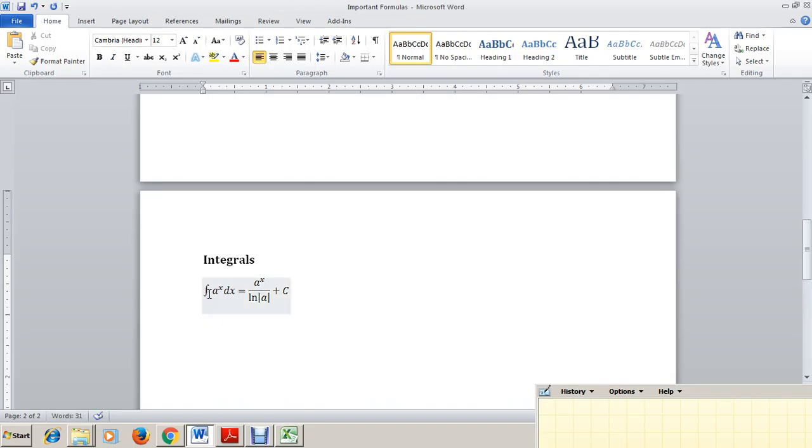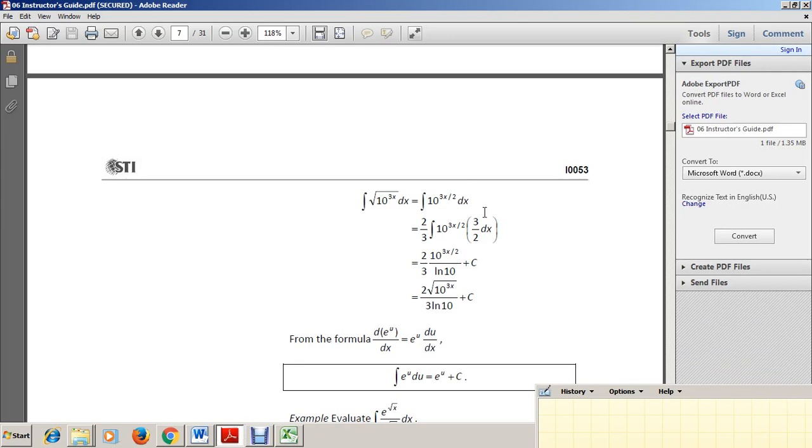Okay, so this is the first form. Integral of a raised to x dx is a raised to x over ln of a, then plus c. This is the formulation that was employed here. Integral of 10 raised to u du is 10 raised to u over ln of 10.